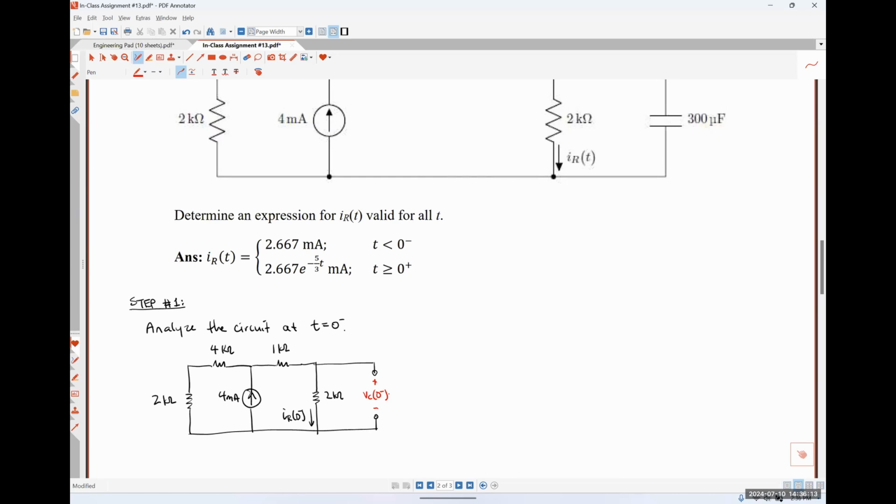On the right, we have a 1 kilo ohm resistor that is, for all intents and purposes, connected in series to a 2 kilo ohm resistor, because we know that no current is going to branch off and flow through that open circuit representing our capacitor. So while we could do mesh analysis, which would set up a system of equations and all of that kind of good stuff, we're going to get the same result if we do current division. So I'm just going to do current division.